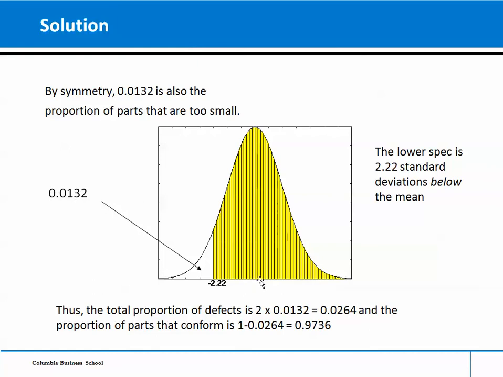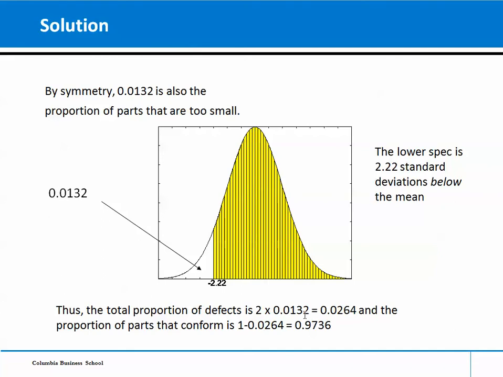1.32% is the fraction of the normal distribution that's more than 2.22 standard deviations below the mean. So the total proportion of defects is the fraction that are too big plus the fraction that are too small.